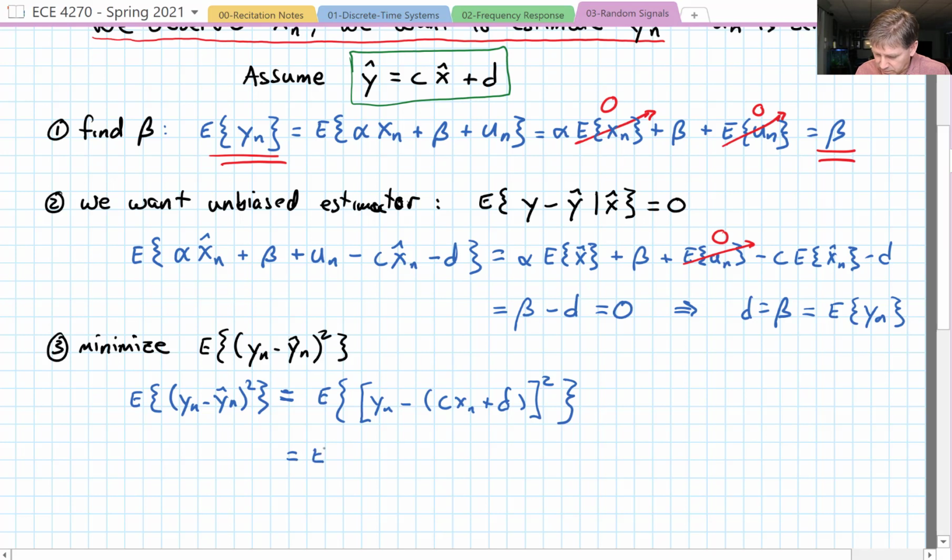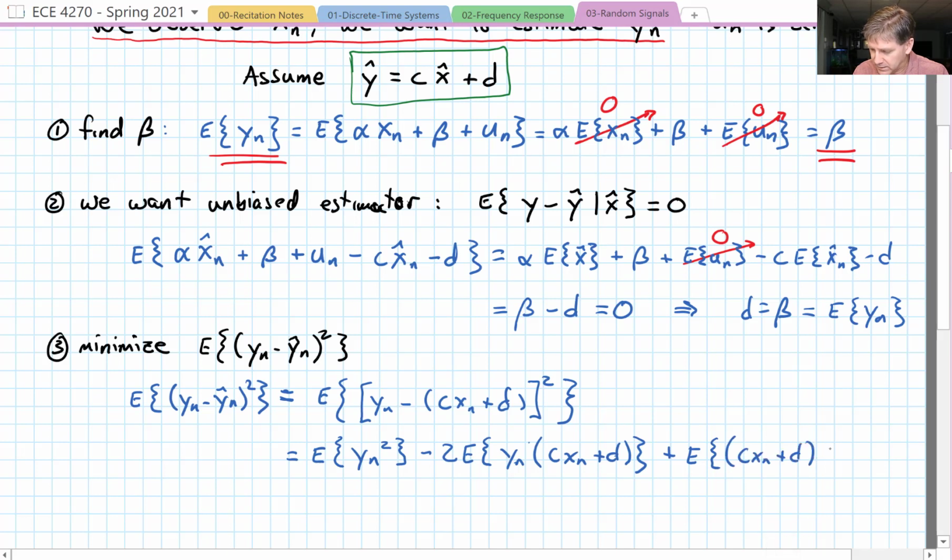And using the FOIL method that we all know and love, we get the expected value of y[n] squared, minus 2 times the expected value of y[n] times (cx[n] plus d), plus the expected value of (cx plus d) quantity squared.